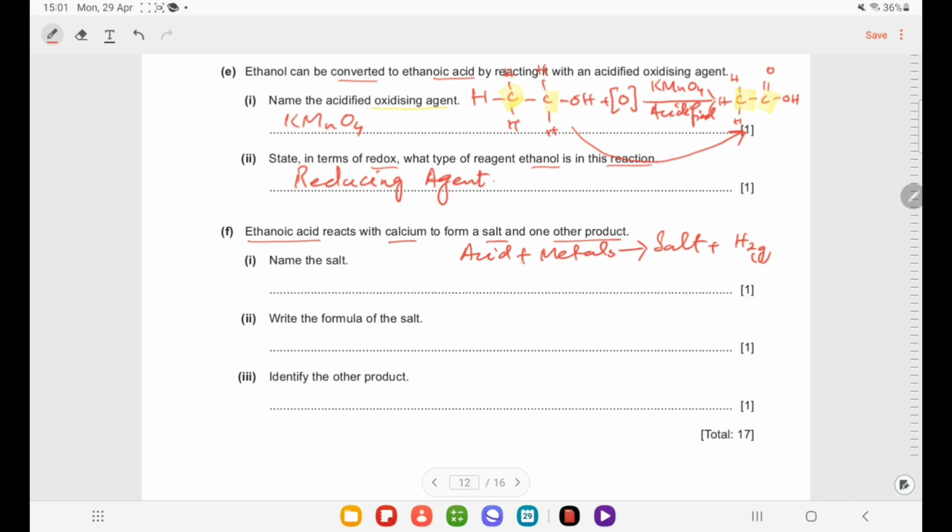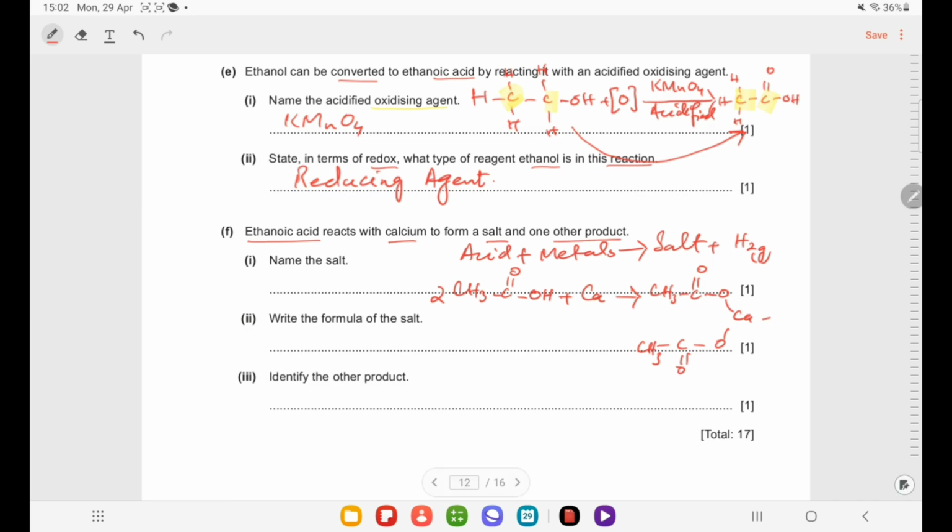So ethanoic acid, CH3 C double bond OH, plus calcium gives us CH3 C double bond O. This is the salt produced by reacting ethanoic acid with calcium.